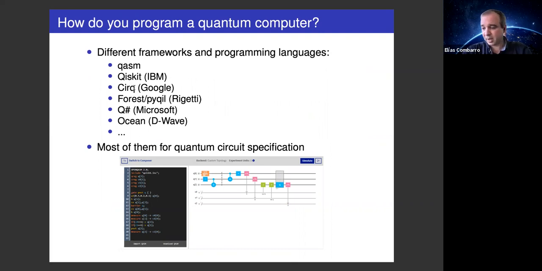And most of them are focused on the task of designing quantum circuits. If you remember, I mentioned that this circuit model in quantum computing is one of the most popular, probably the most popular nowadays. And most of these quantum programming languages are focused on how to specify the different elements of these quantum circuits in order to execute quantum programs in the quantum devices.